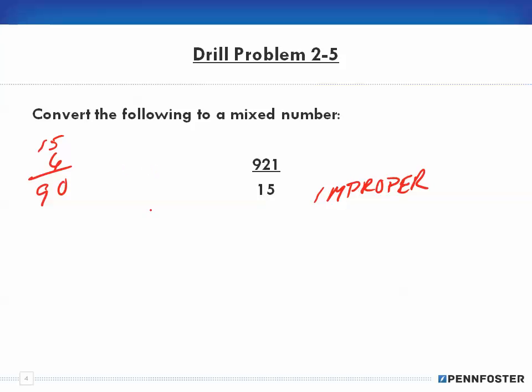So we have 6 as a whole, 15 goes into 92 6 times, and that leaves me with 2 left over, and bring down my 1, 21. 15 goes into 21 one time, that would give me 6 left over. So I would have 6/15. I know I did that fast.